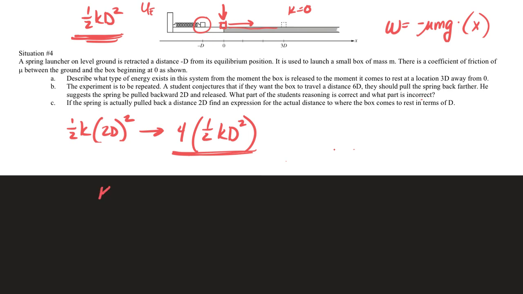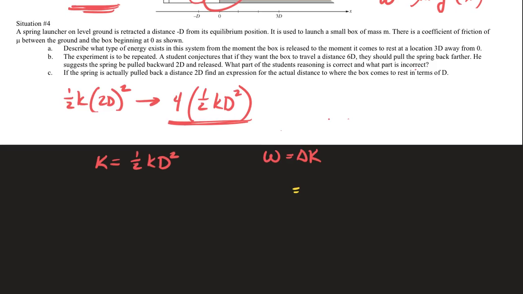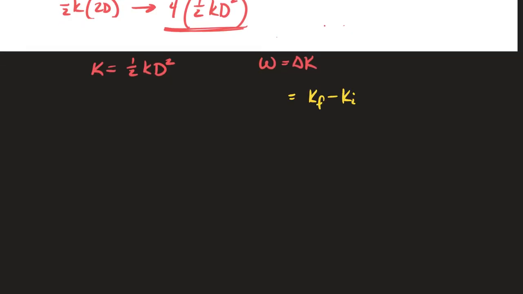Would you agree that the box has kinetic energy when it's here? And that kinetic energy would have to be equal to 1/2 kd squared for trial 1. Is that true? Are we all good? Work equals the change in kinetic energy. So the change in kinetic energy is going to be K final minus K initial, which is 0 minus 1/2 kd squared.